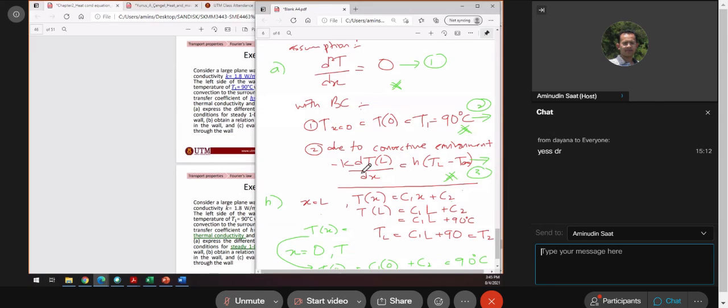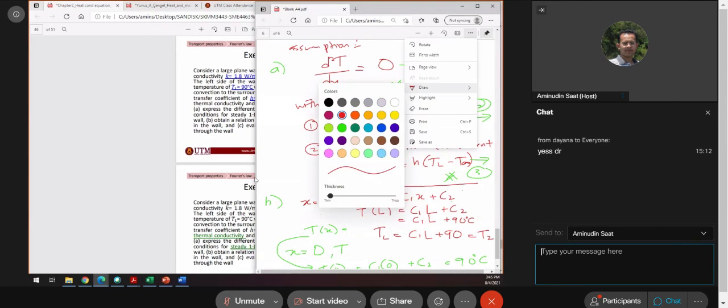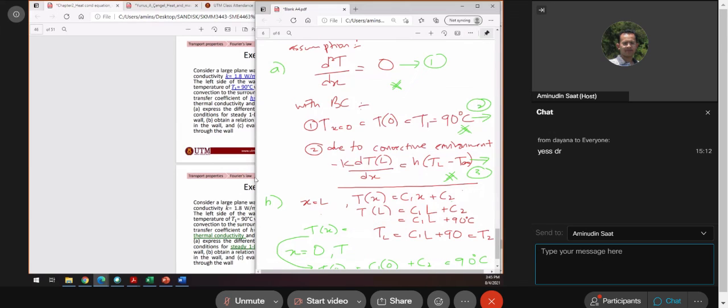So using the boundary condition here, this TL you will put into this calculation.